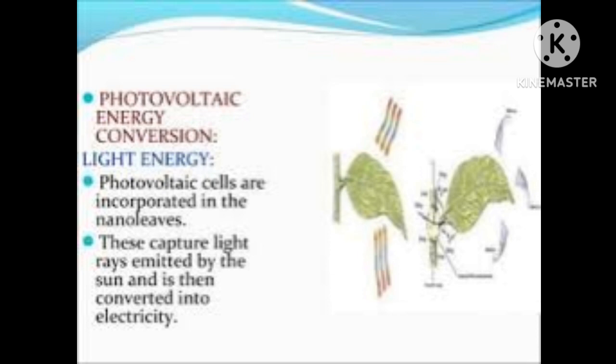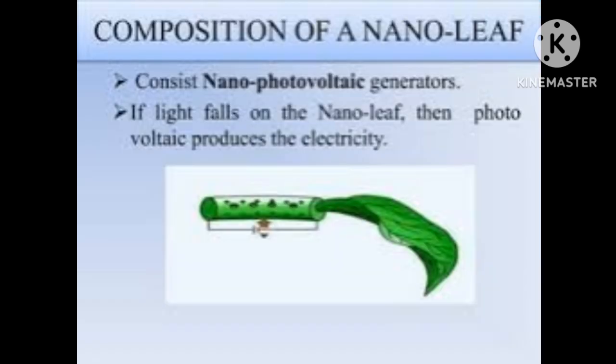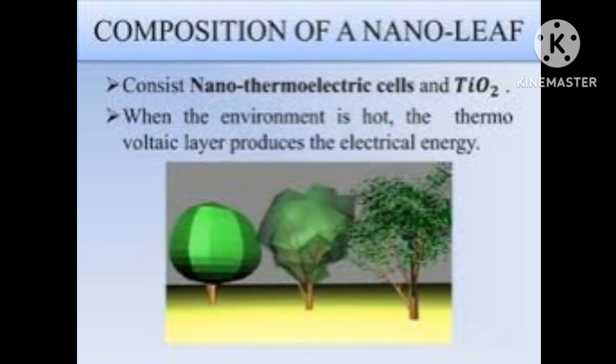For light energy to electrical energy, we use nano photovoltaic generators in the leaf. Coming to heat energy to electrical energy, we use nano thermoelectric cells.